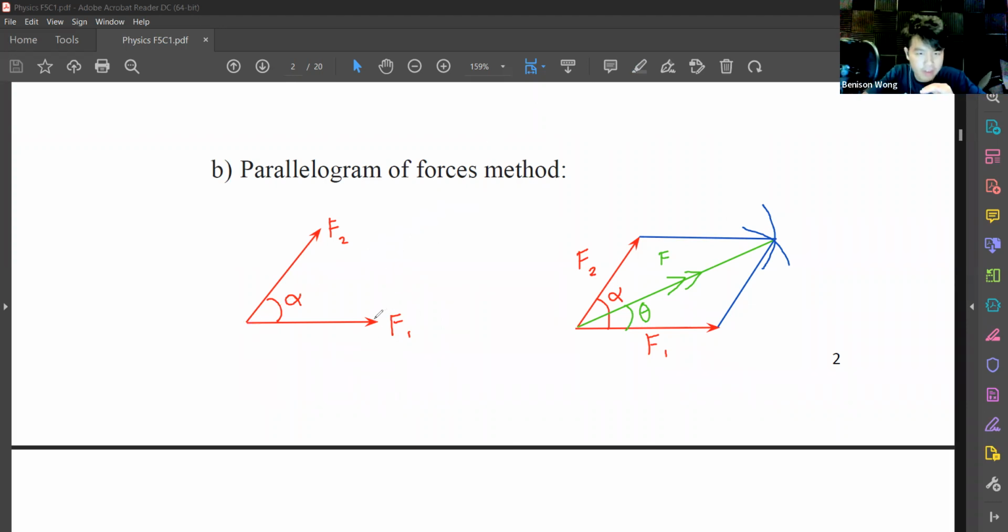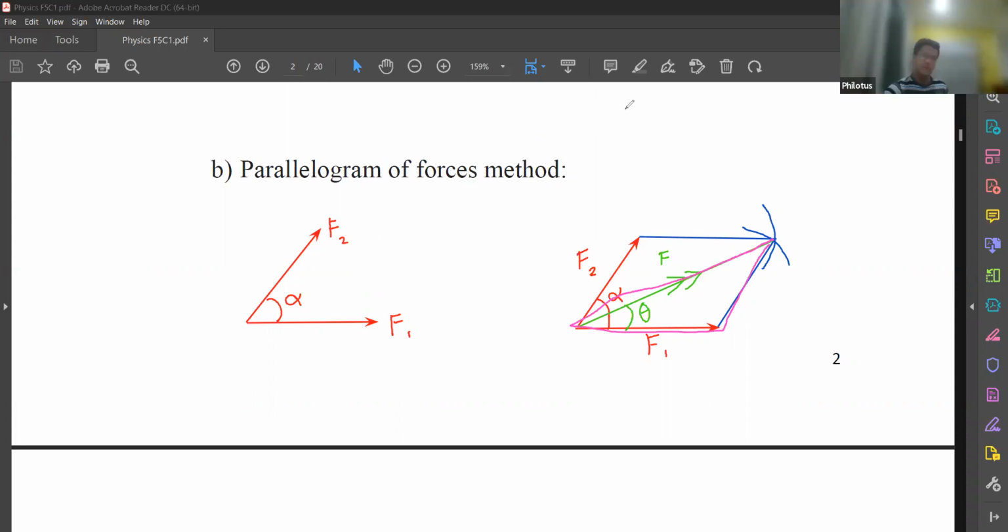What you're doing is you're actually drawing another line parallel to this line. As you can see over here, instead of drawing a parallelogram, let me use a different color. Let me use pink. This is the triangle, right? The pink one I drew is a triangle.